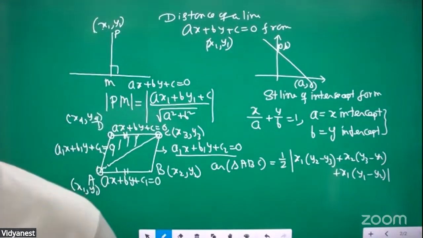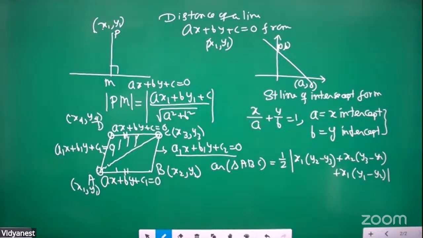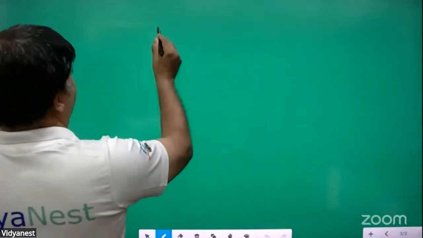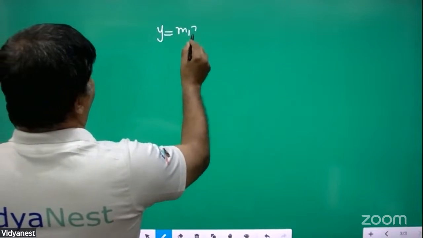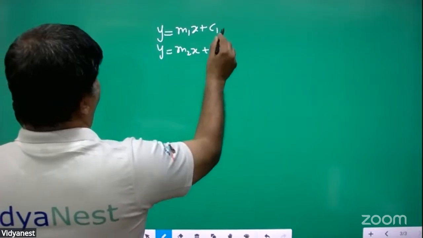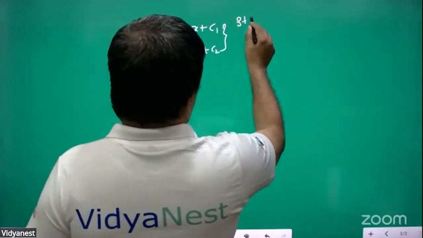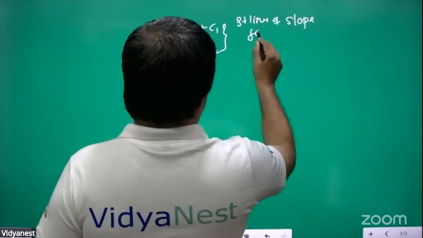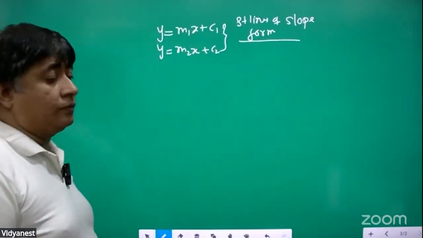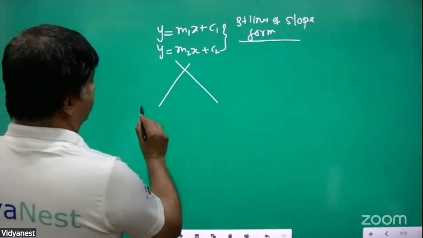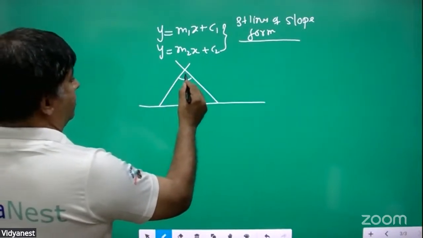Now, before doing that, see, if you get two straight lines of slope form. This angle is theta.